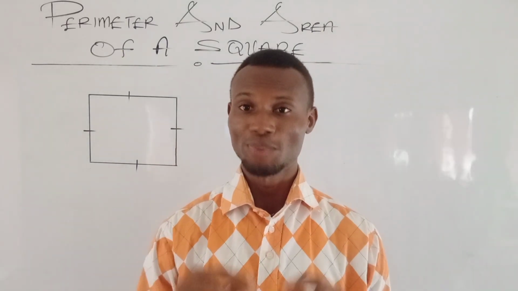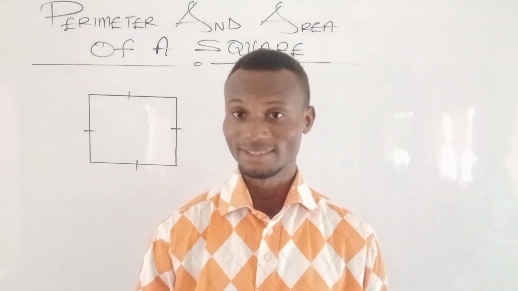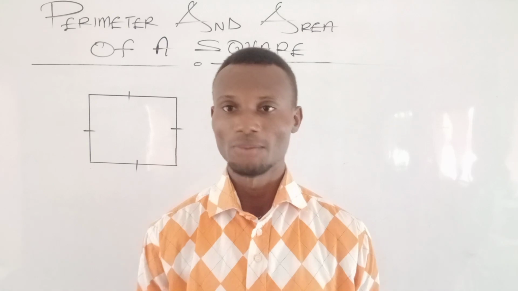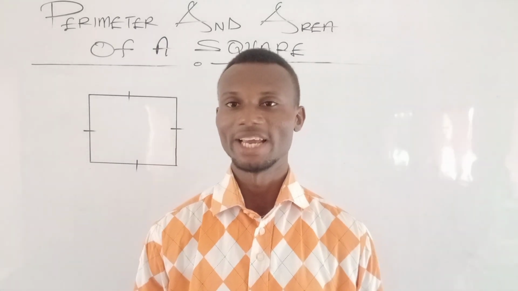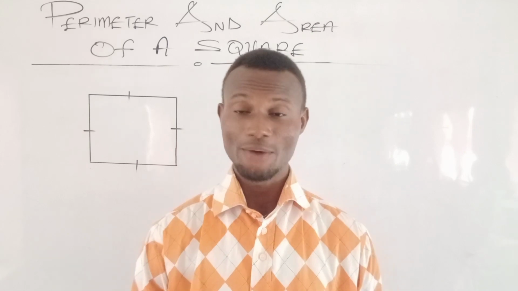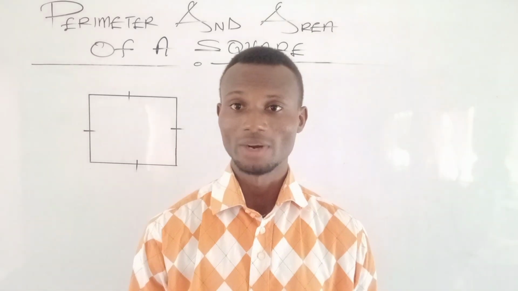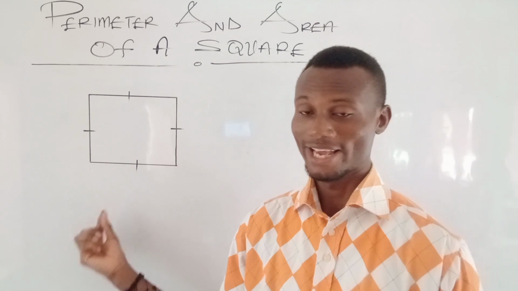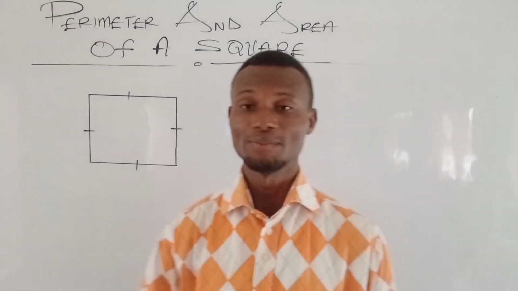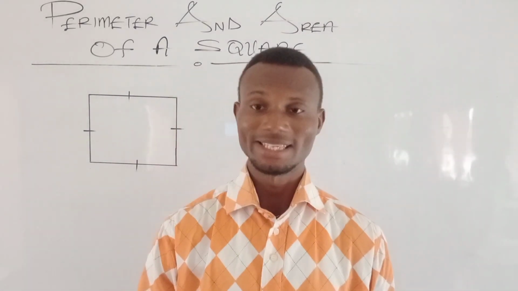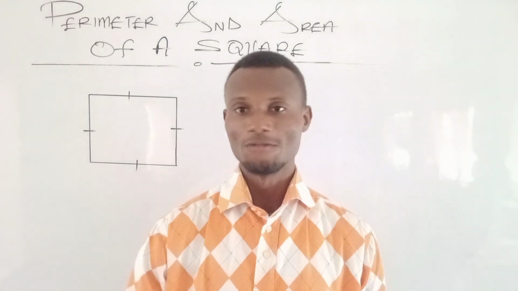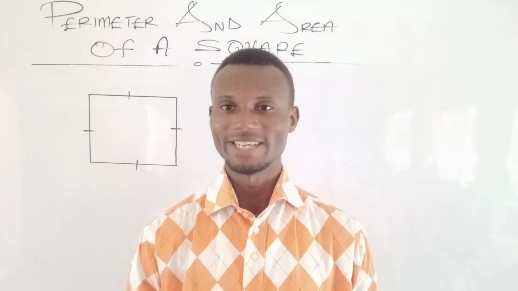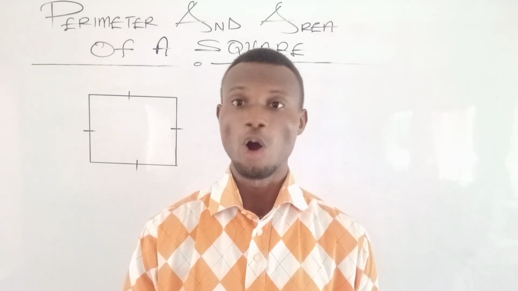In simple terms, the perimeter of any plane figure is just the distance around it, the summation of all the distance around the plane figure. Now when we talk about the area of a plane figure, we are dealing with a square here. The area of this square simply refers to the space it occupies. The area of any plane figure is just the space the plane figure occupies.